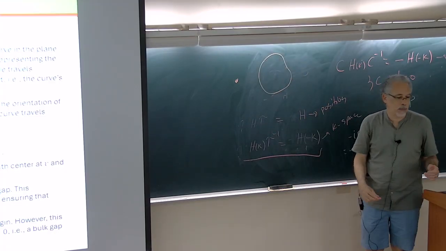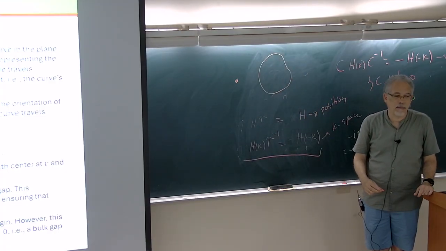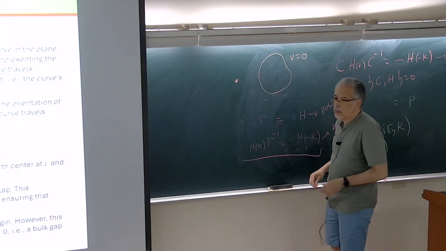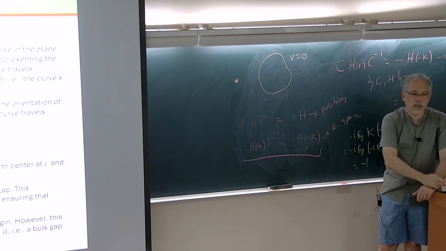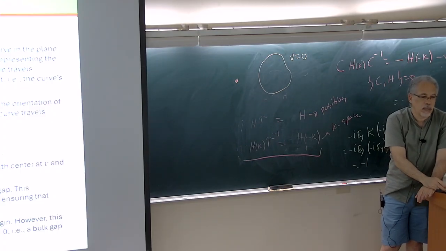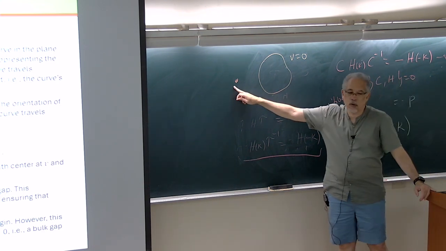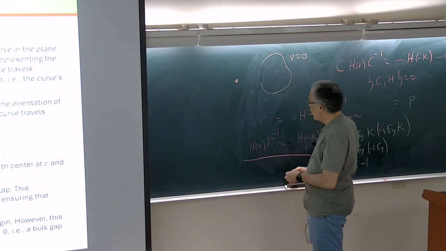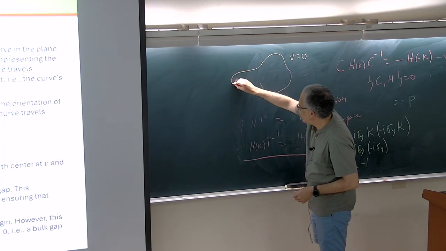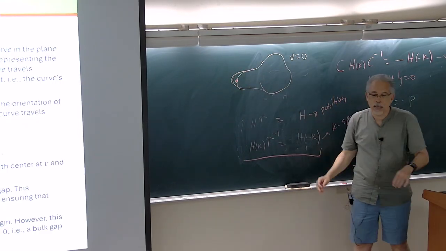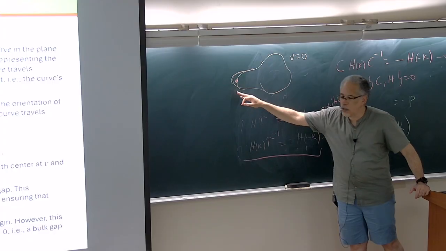What is the winding number? The winding number is 0, right? If I want to change it from 0 to some other value, I have no option but crossing this point. That is the important thing here. So I will have to deform it so that I cross it and go to the other side. Then I change from 0 to 1 when I cross it.